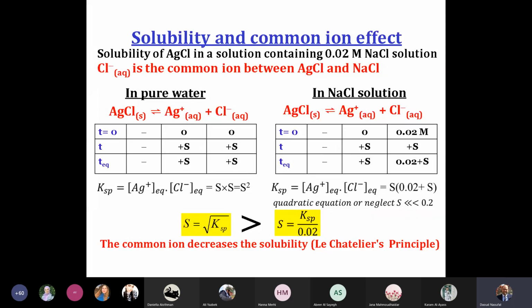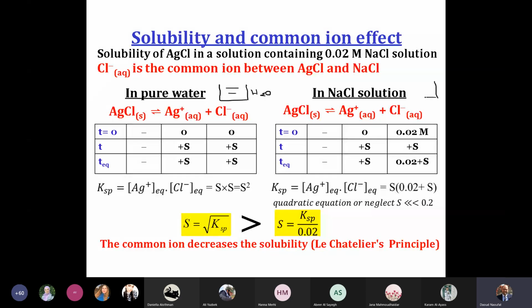What is the objective of this part? You have two beakers. In the first, you have pure water, only H2O.